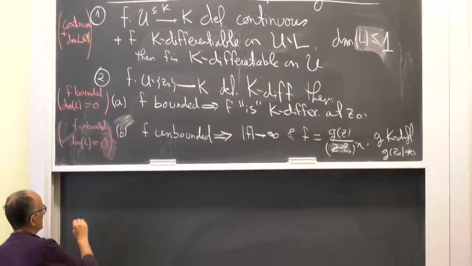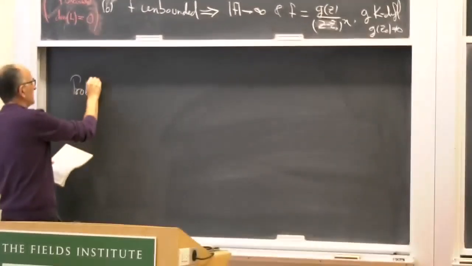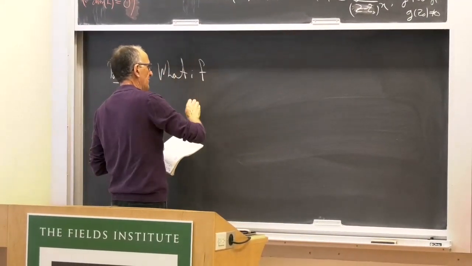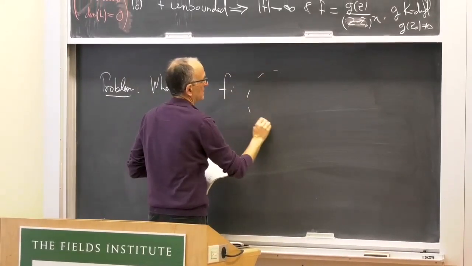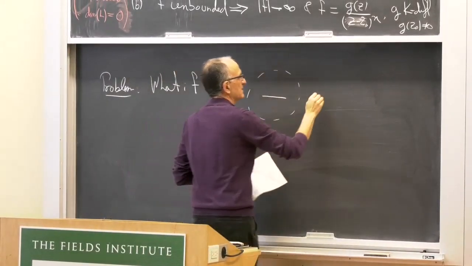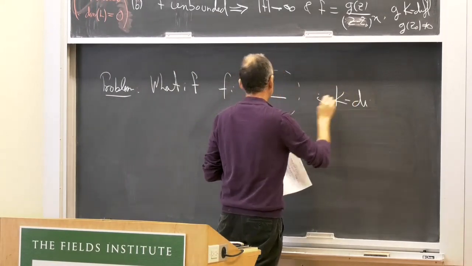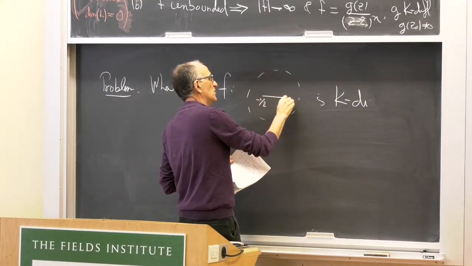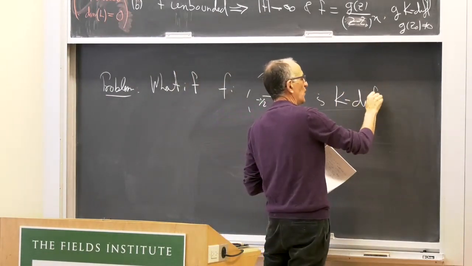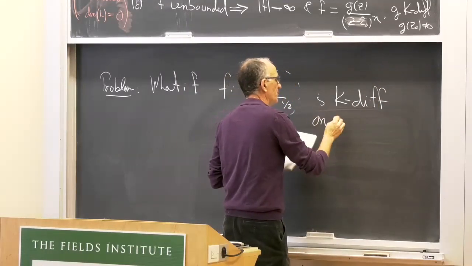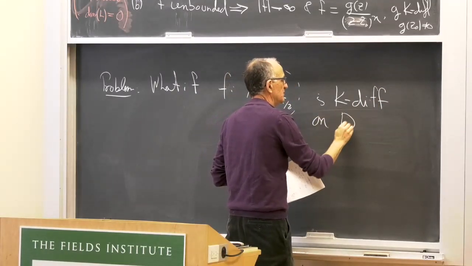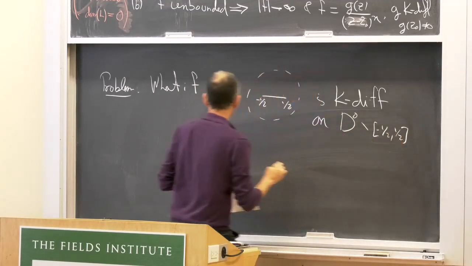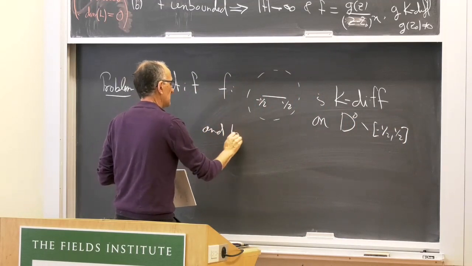I asked: what if f is holomorphic outside, let's say, -1, 1, or -1/2, 1/2, on some open set in the unit disk, and bounded?